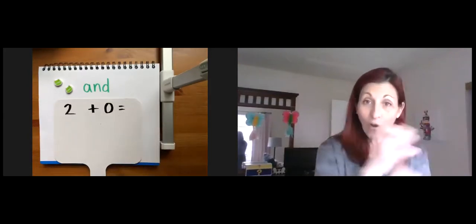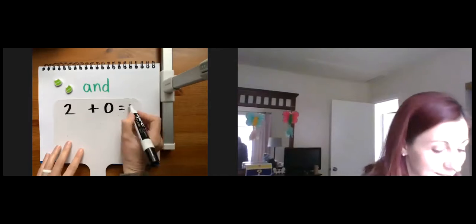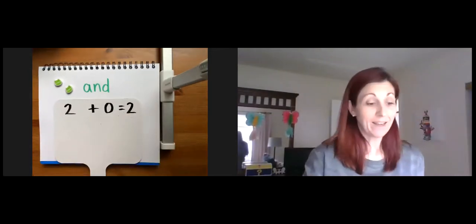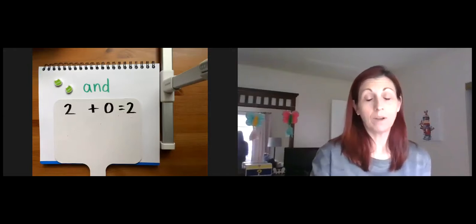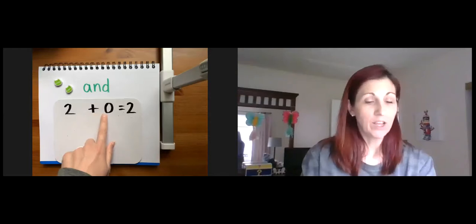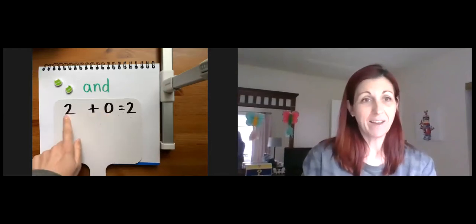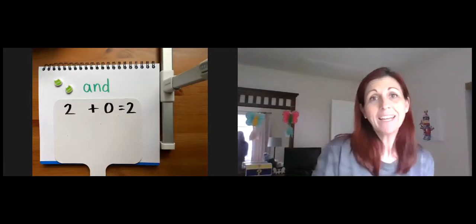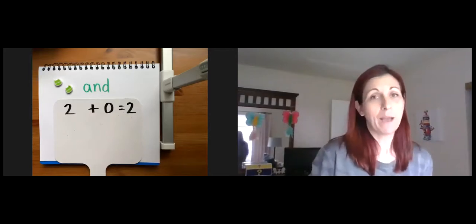How many do I have all together? 2. You'll notice that whenever we do an addition problem or an addition number sentence, that whenever you're adding 0, that number stays the same because you're not doing anything to the number. You're not adding any to it, and you're not taking any away.